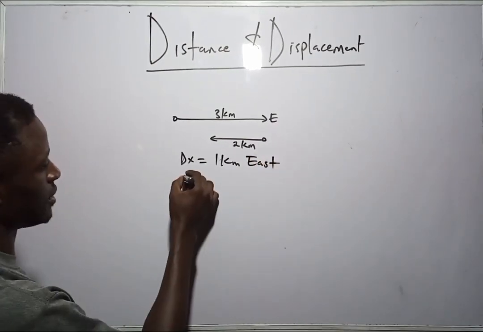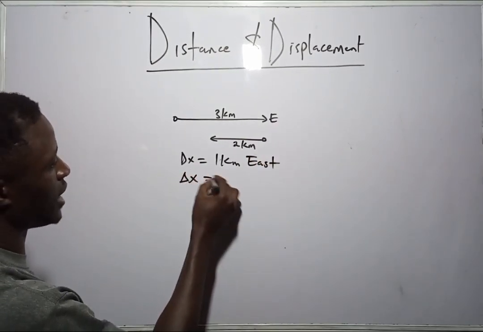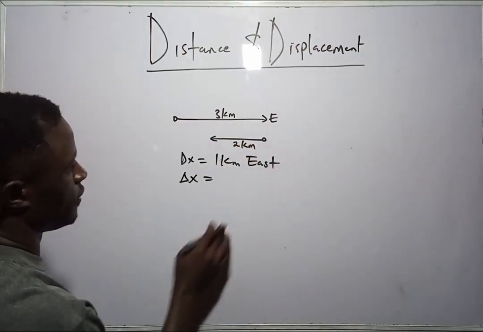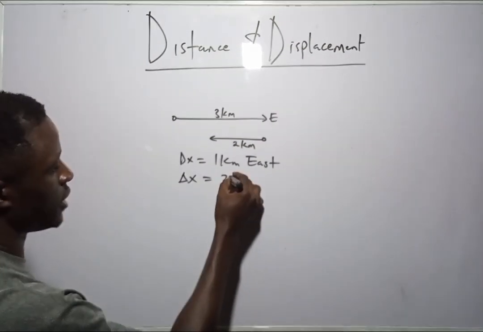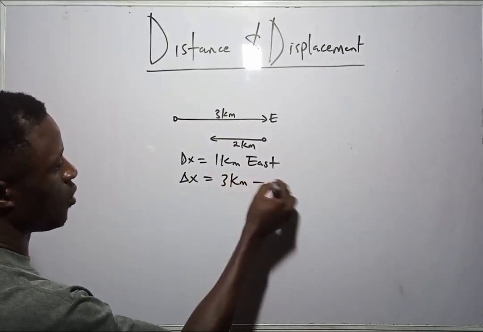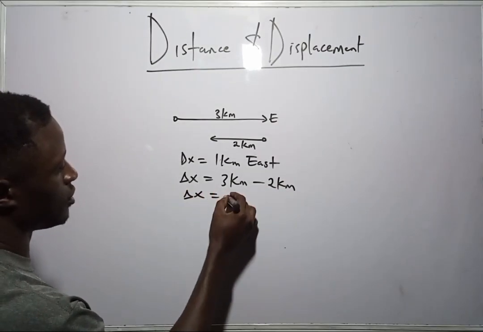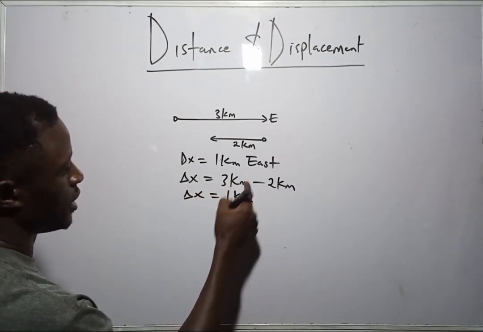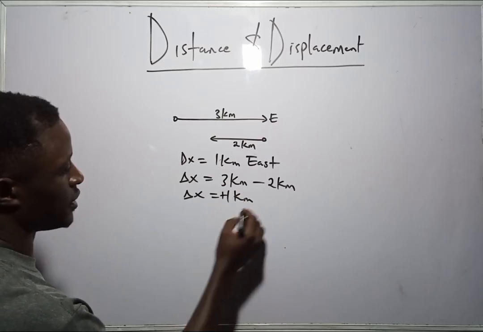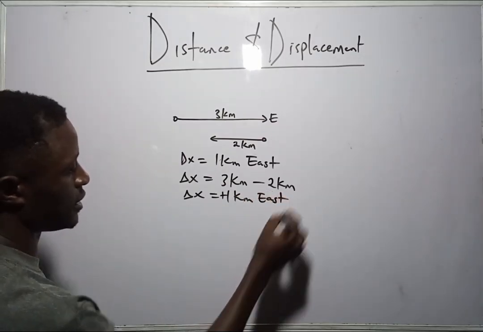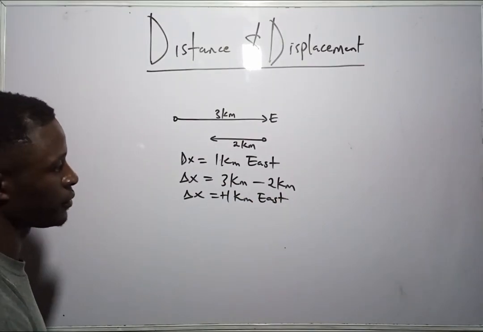How did I get that? You are going to say dx is equal to the forward motion is 3 kilometers, while the backward motion is 2 kilometers. So dx is going to be 1 kilometer. Now, because my final answer is positive, it means that it is still in the east direction.